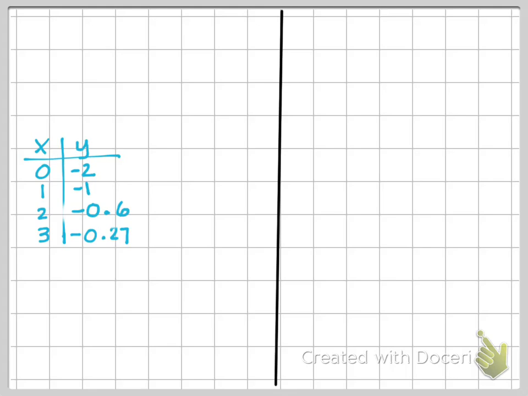Because when you're graphing decimals, if you do each line is equal to 1, your dots are going to get really close together. And it might be easier to skip a line in between your numbers. Now, I'm not going to do that because I have actually pretty big spacing on my graph. But if you wanted to do it like this, that would probably make sense for you guys.